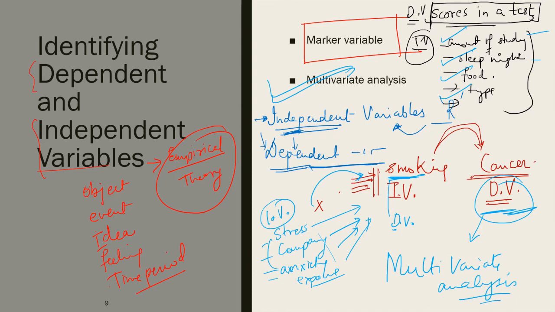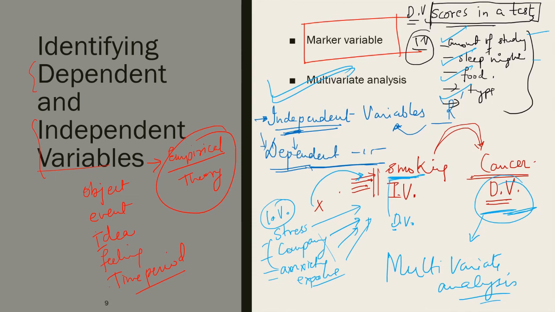So dependent variables, on the other hand, are the outcomes of changes brought about by the introduction of the independent variables. So these are observed and their values depend on the influence of the independent variables.